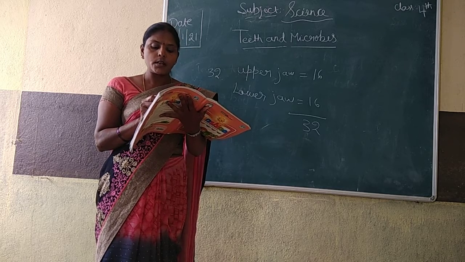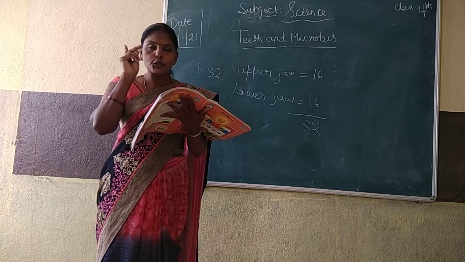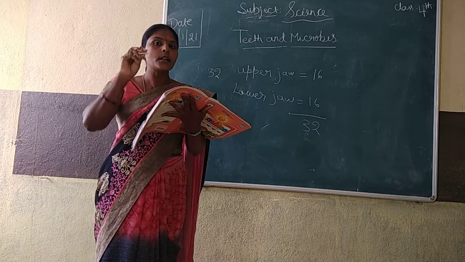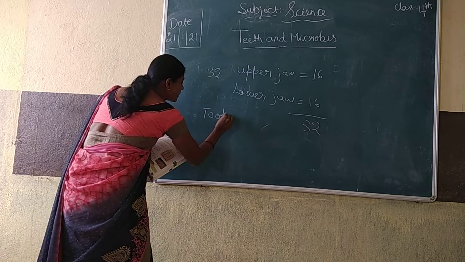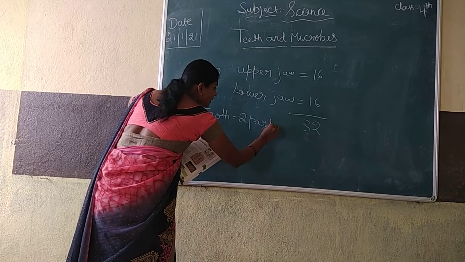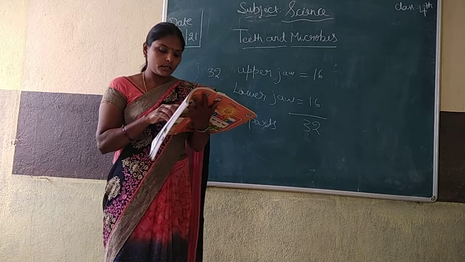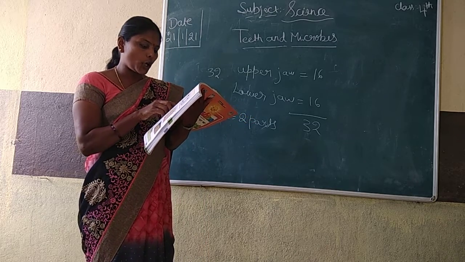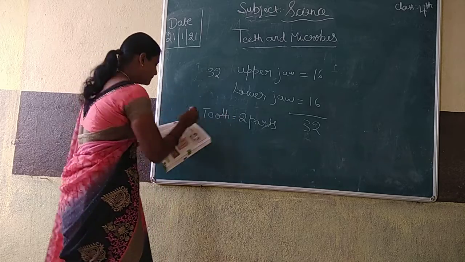Each tooth has two parts. How many parts? Two parts. Crown and root. What are they? Crown and root.